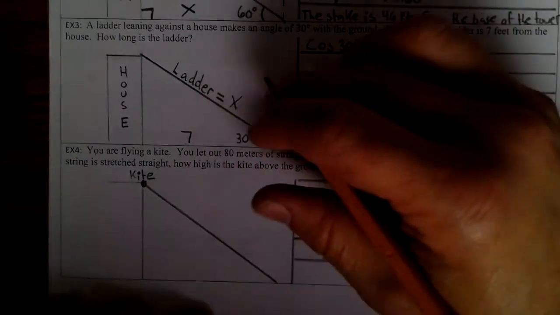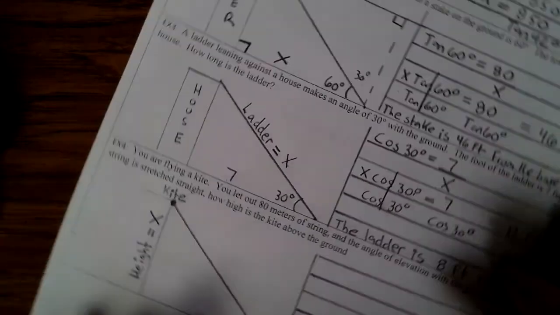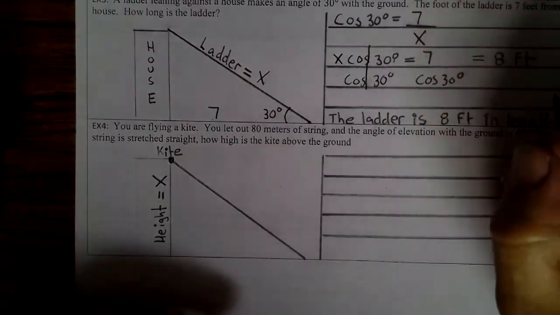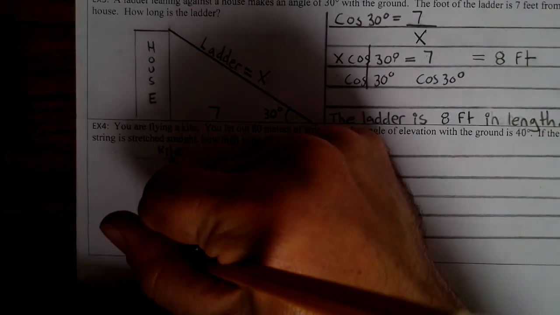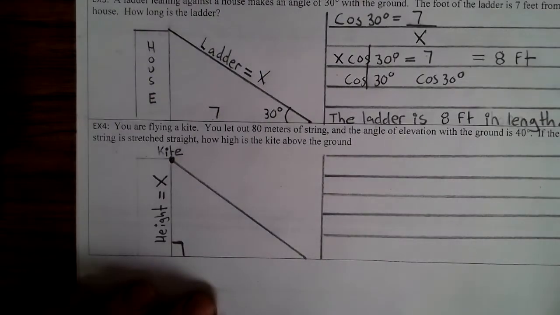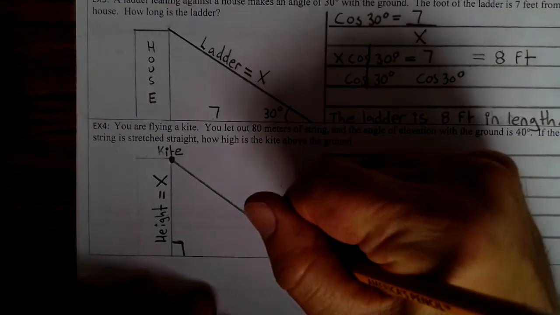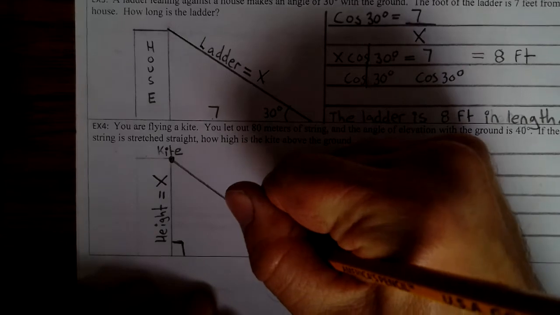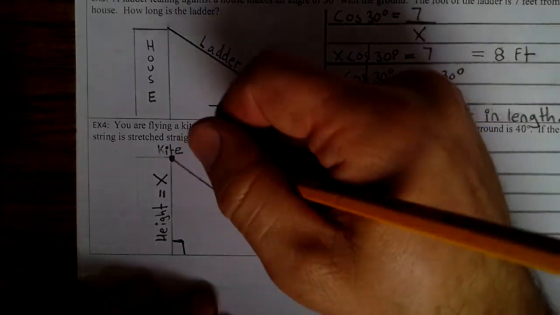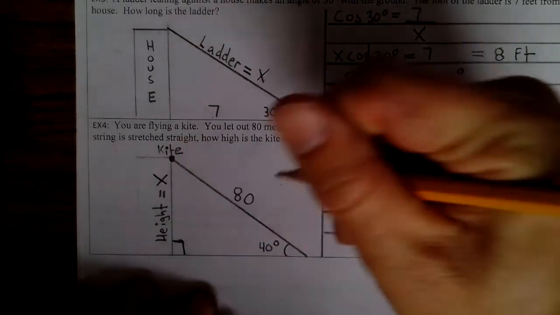Okay, we're looking for the height. We know that the height would be 90 degrees with the ground. Now, our angle of elevation is 40 degrees. And we know the string's length is 80 meters.